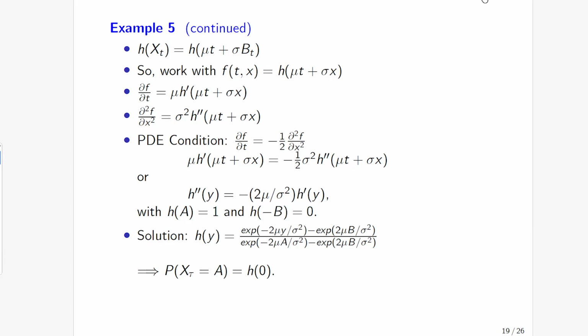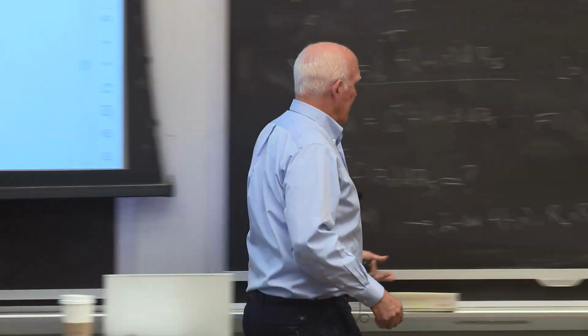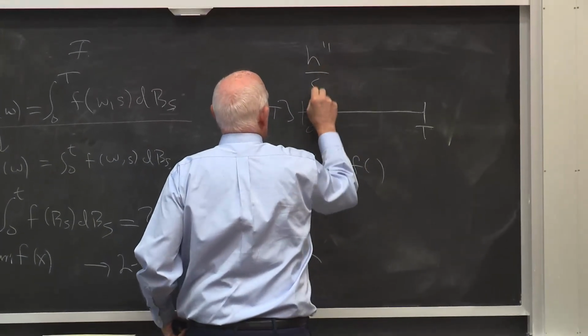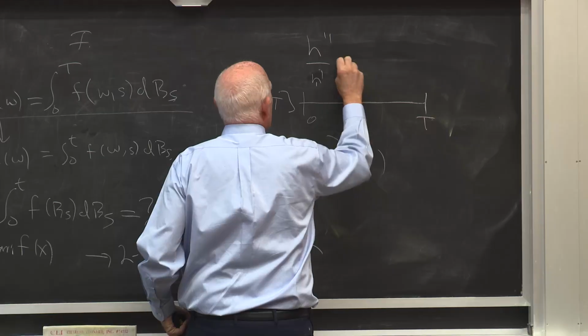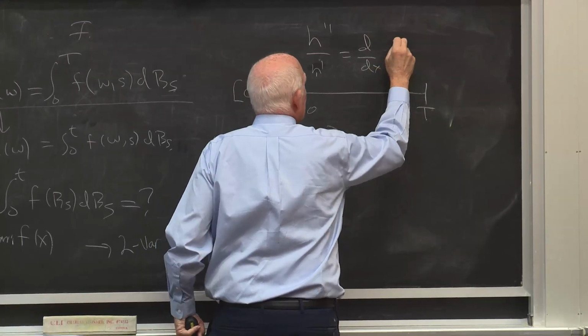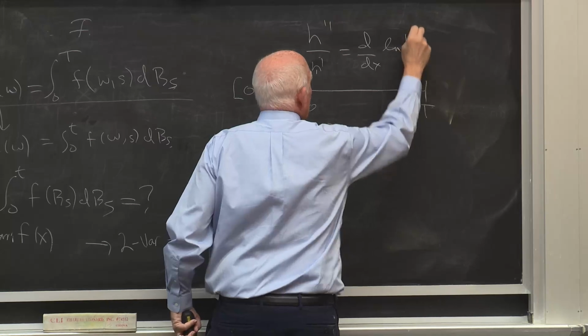rewrite this as the second derivative of h evaluated at argument y is minus a constant times the first derivative of h. And so we can solve that equation by noting that h double prime over h prime is equal to d by dx of log of h prime.